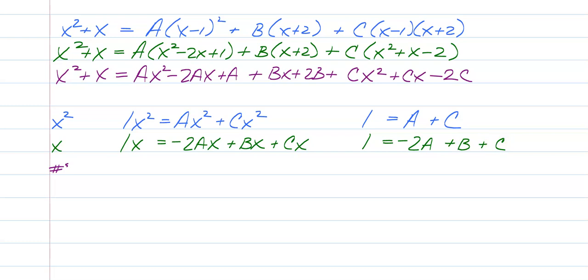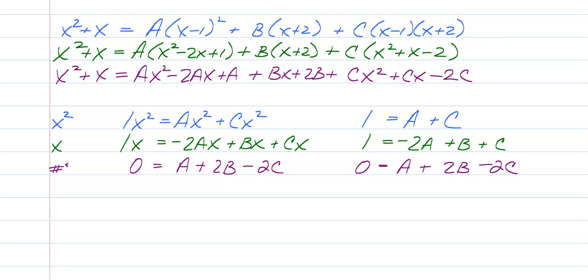This side doesn't have any, so we're going to use 0 is equal to a. There's no b. I'm sorry, there's a 2b. And then we have a negative 2c. Again, all we have to do is copy it over because we don't have any x's. So we have 0 is equal to a plus 2b minus 2c.